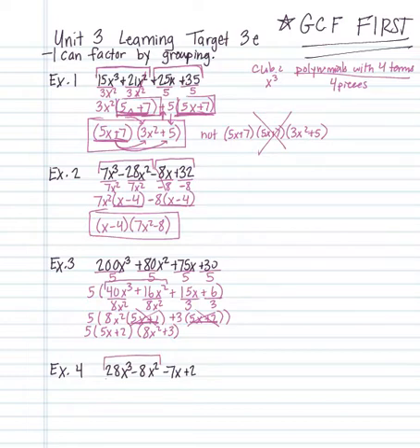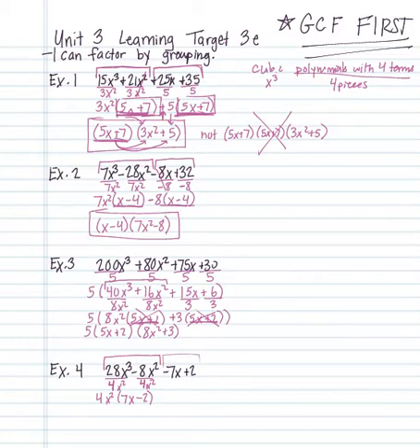Looking at that first 2 set of terms, 28 and 8. 4 will go into both of those things, and we can take out 2 x's. So 4x squared goes up front. Then we've got 7x here and a minus 2.